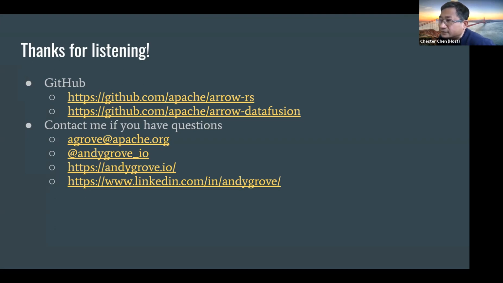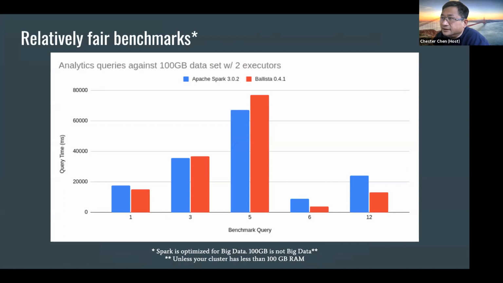Andy, I just want to ask a clarification question on one of your benchmark comparisons with Spark on that graph. Is that 100 gigabytes of data for Ballista? Is that all run with 100 gig of memory, or is it no?